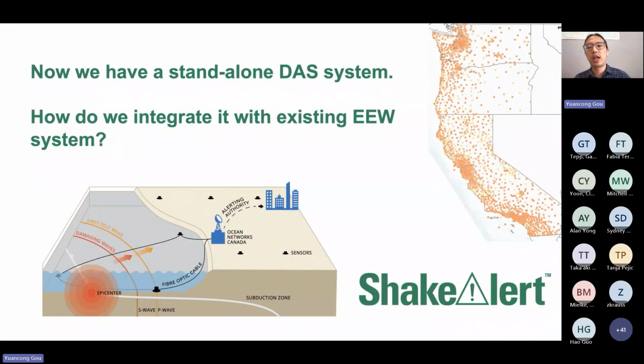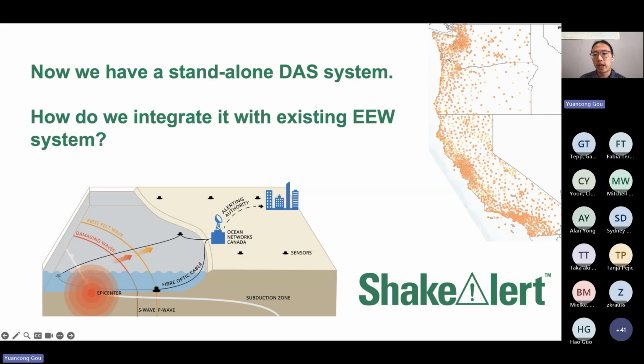So now, I hope I convinced you we have a standalone DAS system that can do a decent detection for earthquakes nearby the cable. But if we really want to use this in an operational earthquake early warning system, we have to think, how do we integrate it with the existing early warning system?